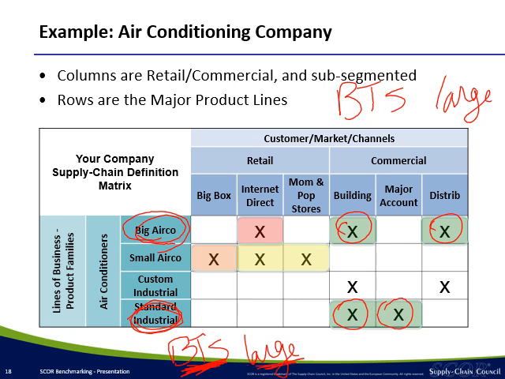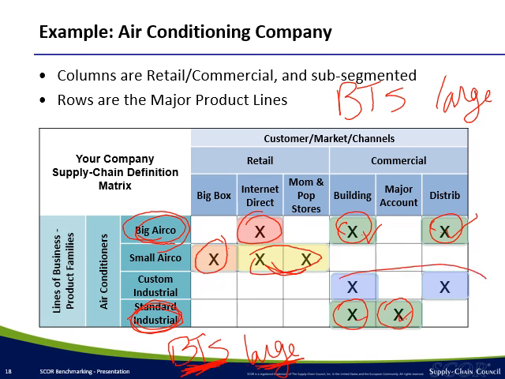In other words, instead of having 10 X's here, what we're going to do is this has no similar products, so this is the first supply chain, and this one has no similar supply chain, so this is the second supply chain. These two are similar, so we will combine them. This is the third. These four are similar, this one and that one and that one and that one, so we will consider this as another supply chain.